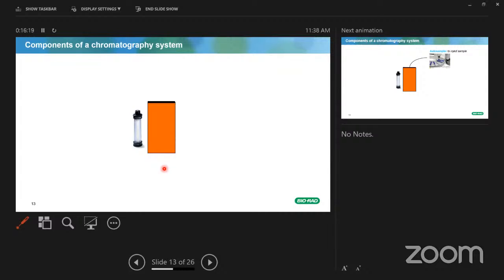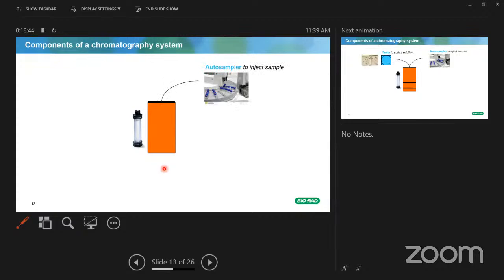So considering that as a column, what are the additional components required for a chromatographic system? And this is not a new thing. Automated chromatography has been in the research and industry domain for the last 5 decades or more. It's not a new domain, but you should understand the essential parts.